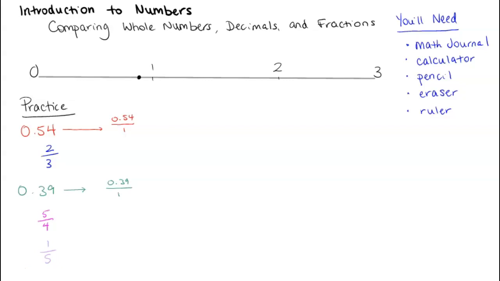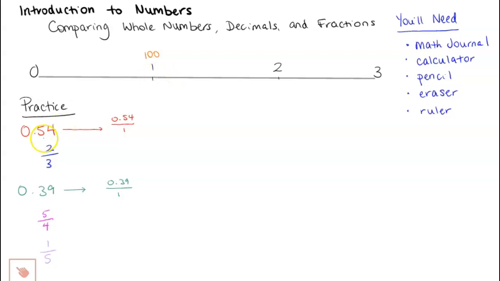So 0.54, that's pretty close to 0.5. Now if I wasn't sure what fraction that would be and how to put this on the line, I might want to think of this 1 whole as 100, and this 0.54 is 54.